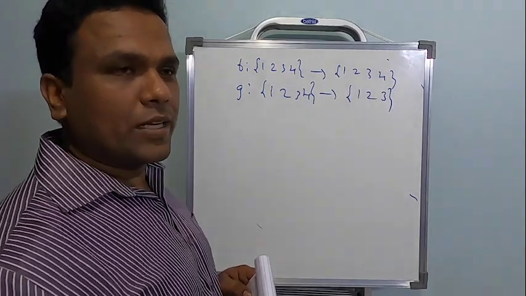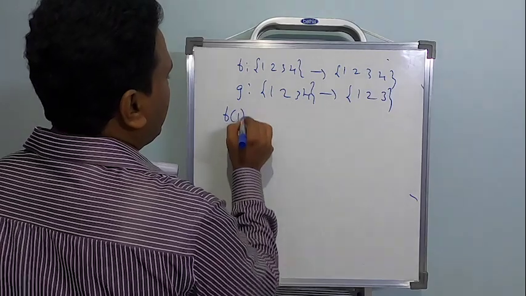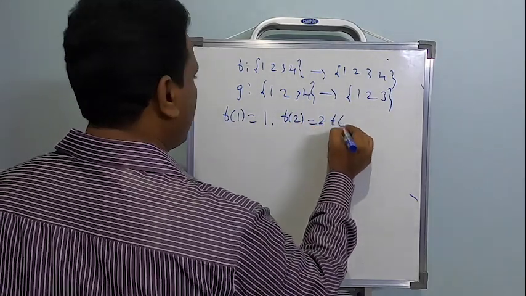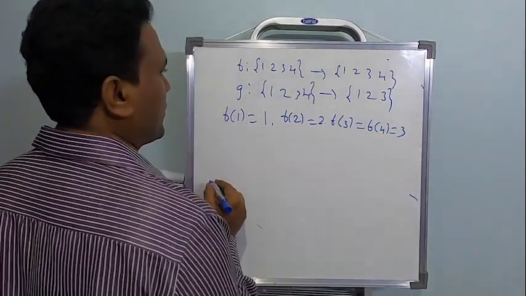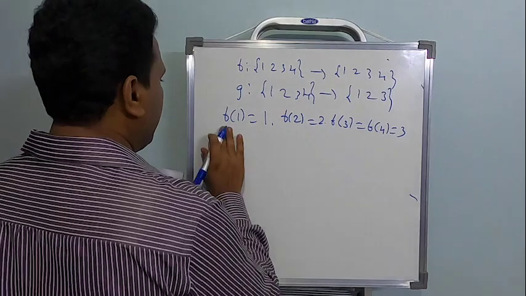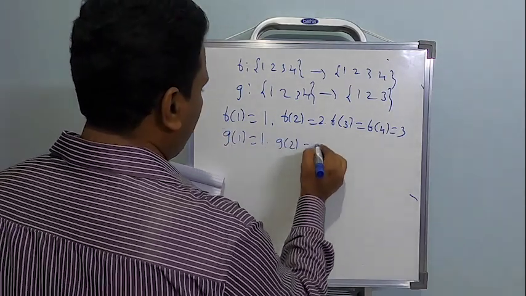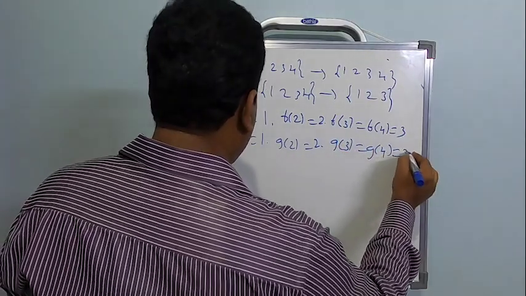Now let's check. It's been taken in such a way that f of 1 is equal to 1, f of 2 is equal to 2, f of 3 is equal to 3, f of 4 is equal to 3. Next, g of 1 equals 1, g of 2 equals 2, g of 3 equals g of 4 equals 3.